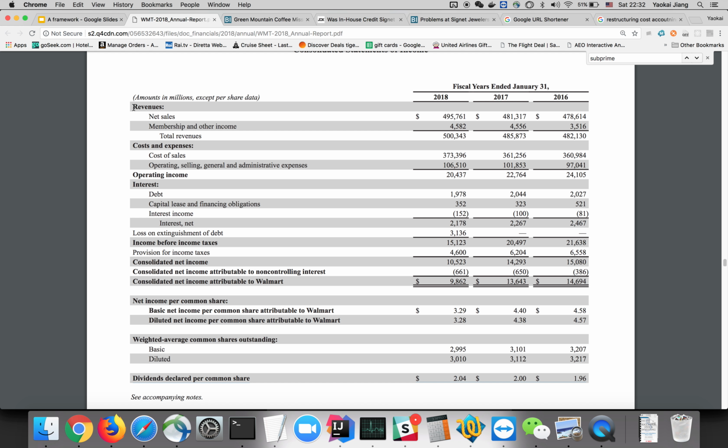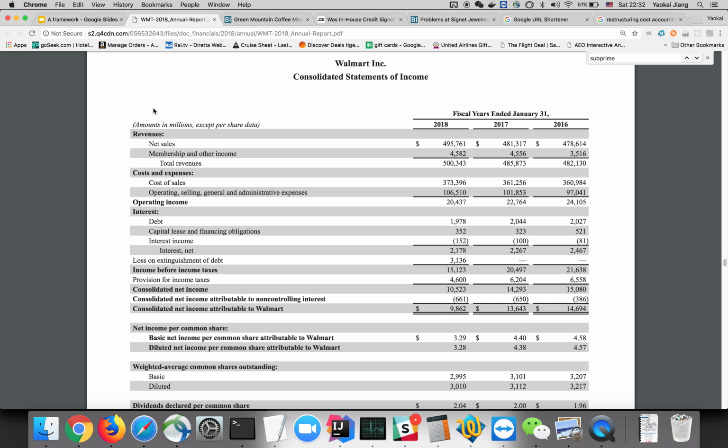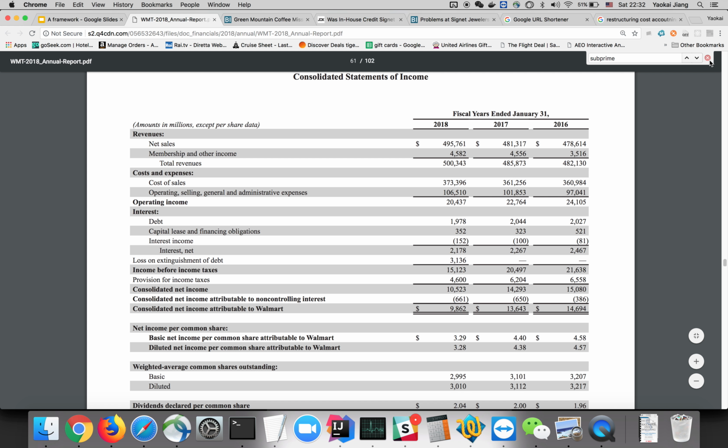Here I specifically didn't say how much money I collect, because in accrual accounting those are not the same thing.